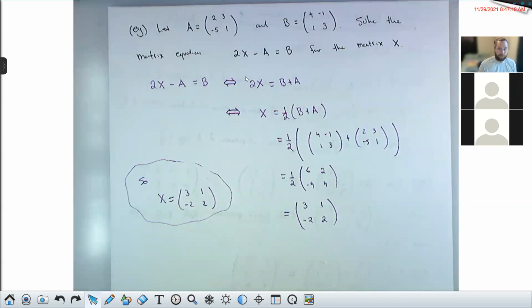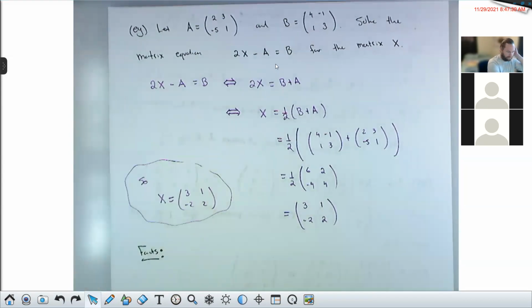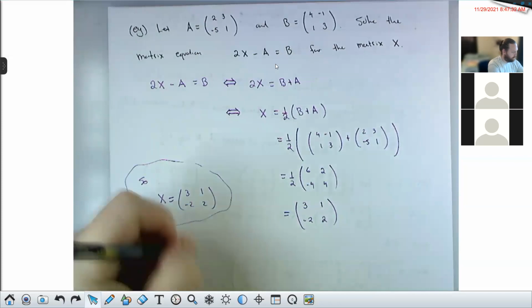Some facts about matrix algebra. Addition is commutative. These are things that I think most people would assume or deduce, but bad math teacher if I don't tell you.